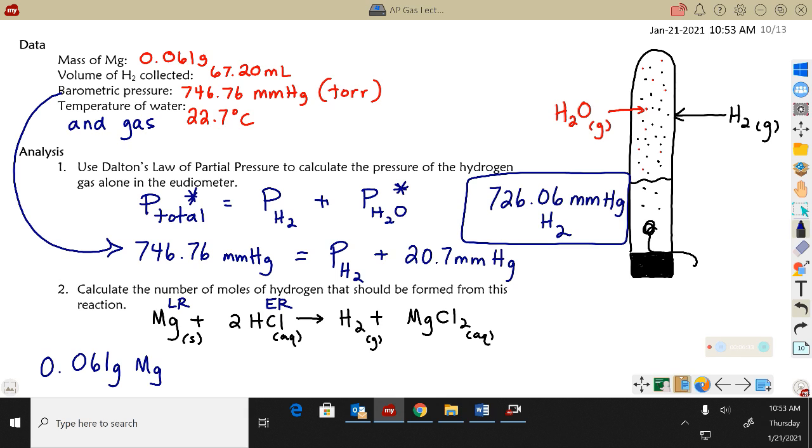But as long as I know that the magnesium was gone, it was the limiting reactant, I can do a little stoichiometry to figure out, well, if 0.061 grams of magnesium reacted, before I can compare that to the hydrogen, I need to get it out of grams and into moles. Oh, this feels really good.